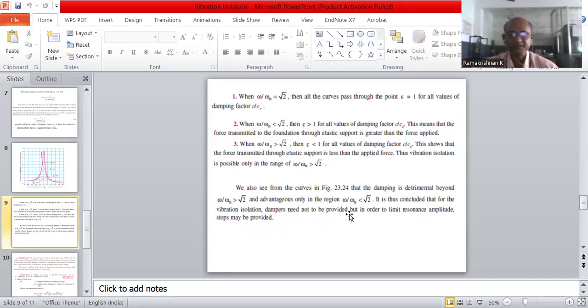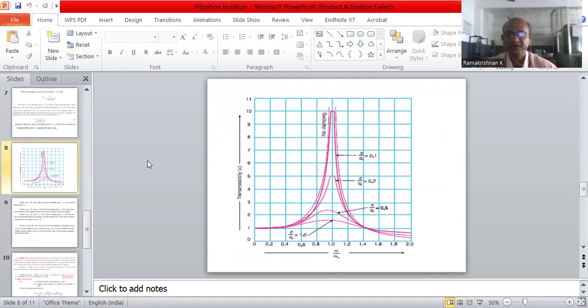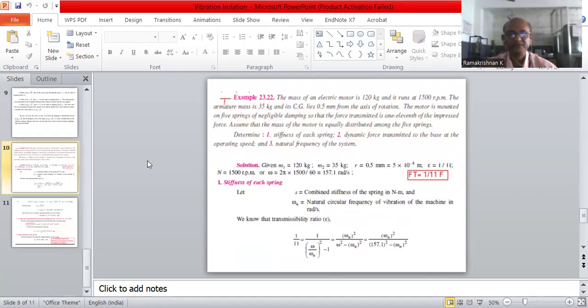But many times they are provided to limit the resonance conditions. Resonance is when the frequency of the force equals the natural frequency of the component. So to avoid resonance, dampers are provided. This is the information we obtained from the graph.